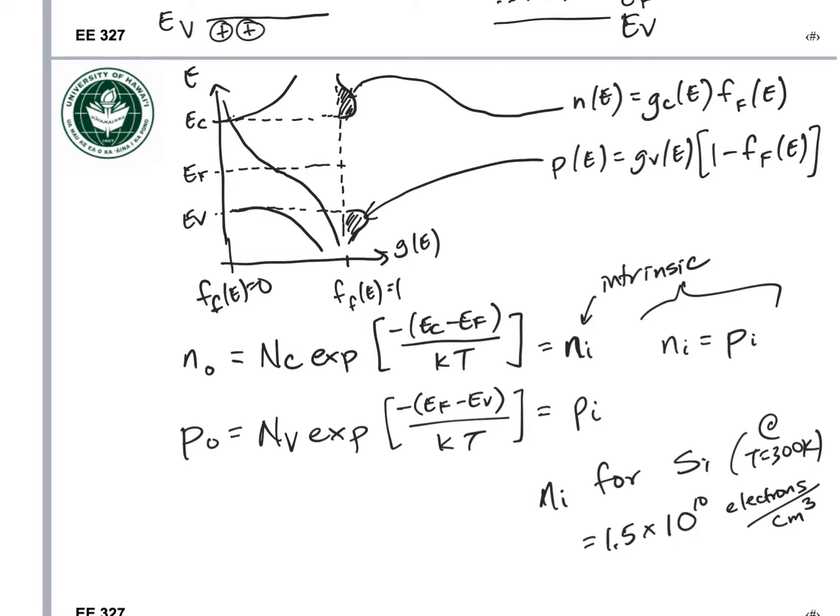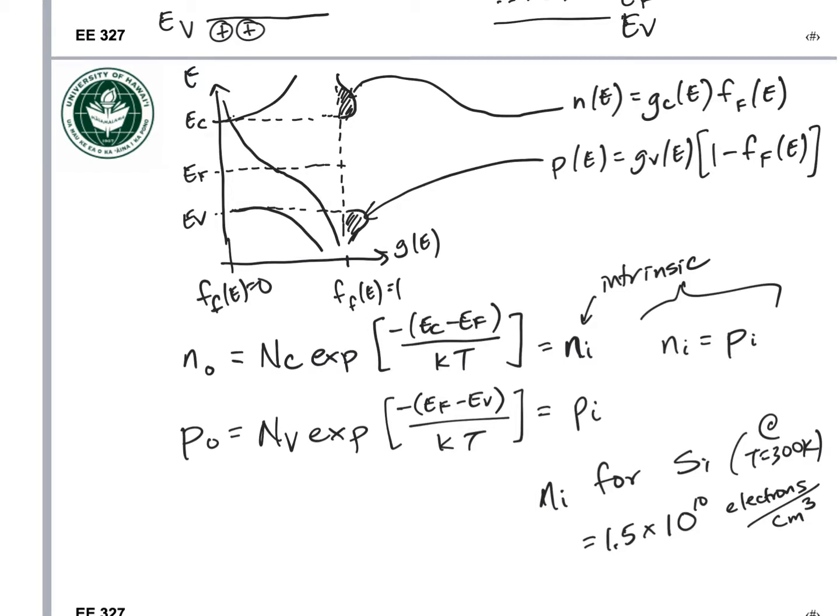Okay. Any questions on this so far? So now we have answered the question from the beginning of the lecture. So how many charge carriers are there? This is the concentration of electrons.